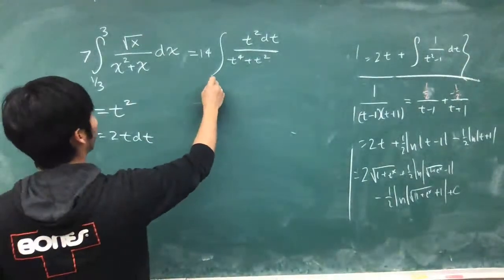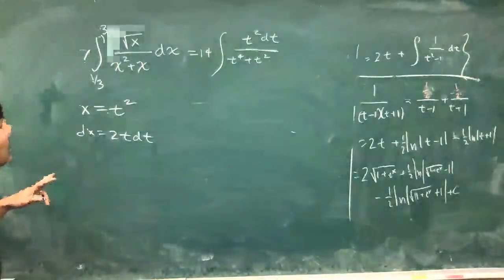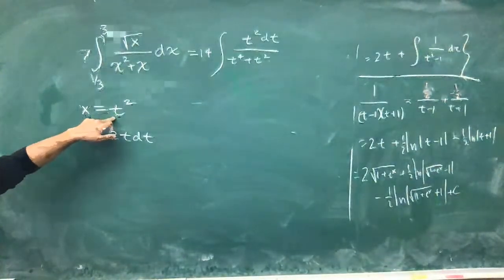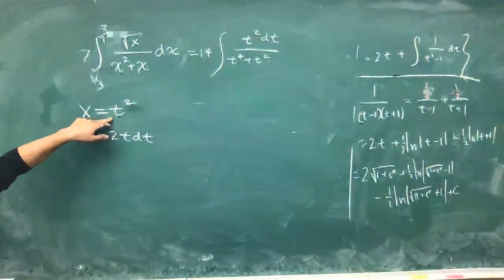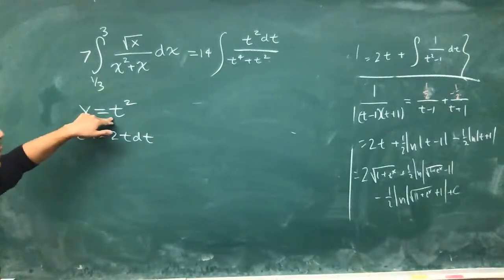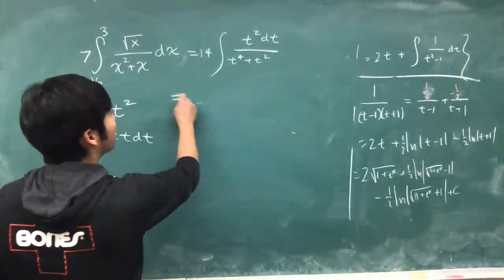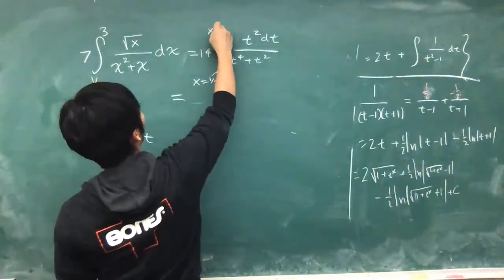The limits here are going to change. When x is 1/3, t is going to be 1 over root 3, and when x is 3, t is going to be root 3. But we can just back substitute later and deal with it. So let's just keep this as x equals 1/3 and x equals 3.